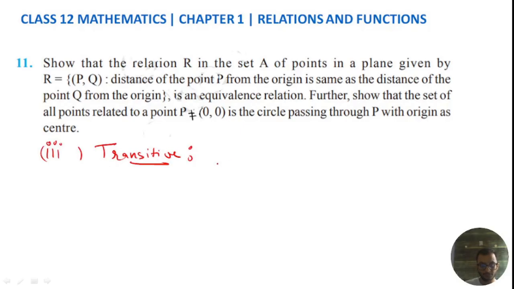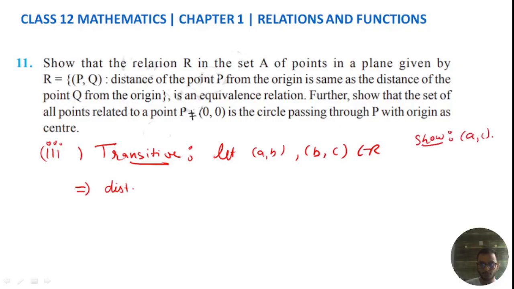Why is it transitive? Let (a, b) and (b, c) belong to R. What does this mean? And what do we have to show? You should know what you want to show and what you have, then your work will be quite easy.